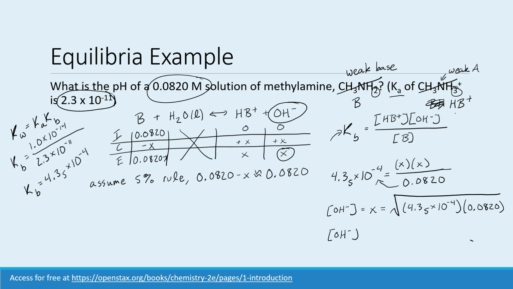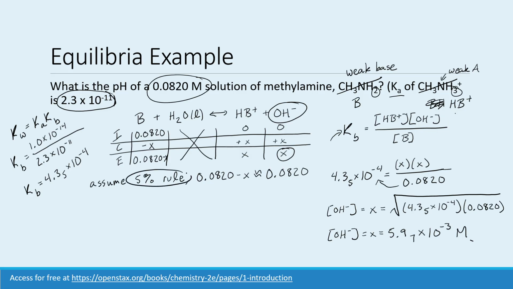And so the hydroxide ion concentration, or x, and we'll keep those three significant figures until the end, should be equal to 5.97 times 10 to the negative third. And again, units aren't important here, but it is concentration of molarity.